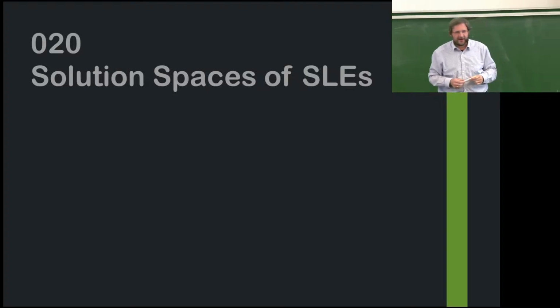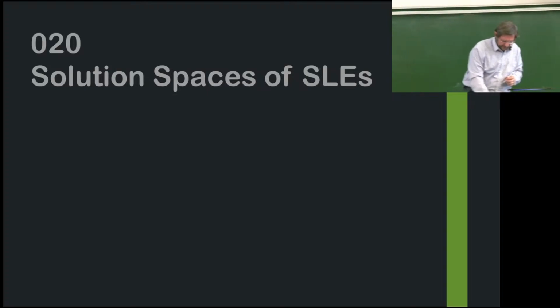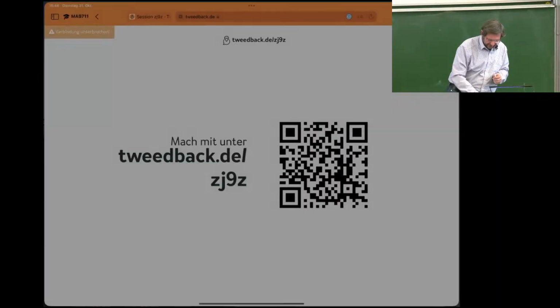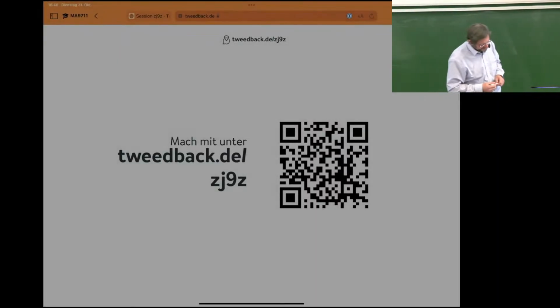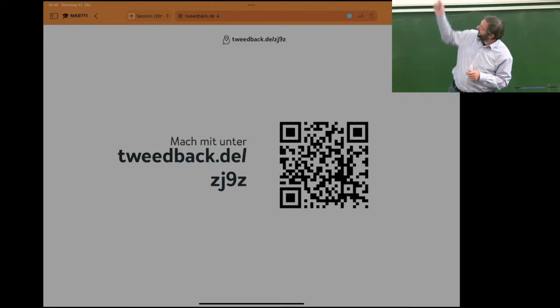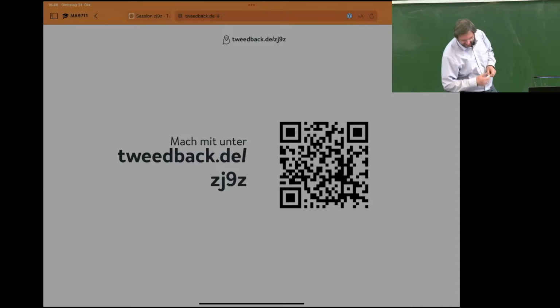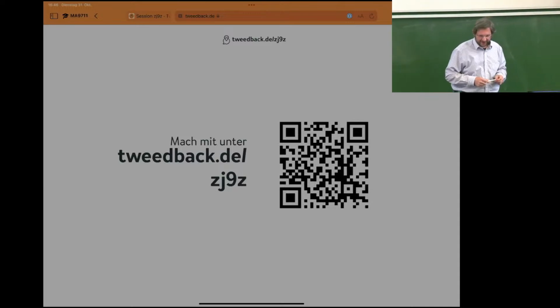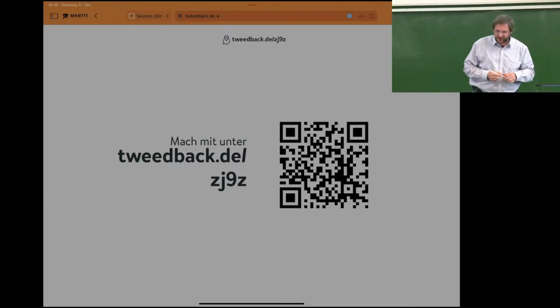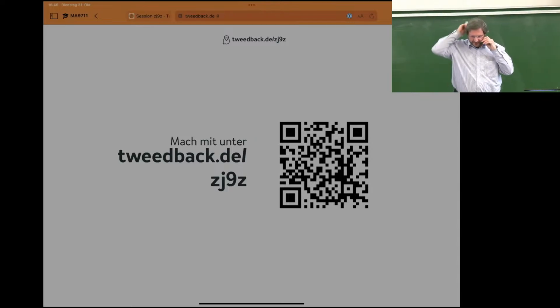Now, to start you off, I have prepared a quick quiz. As usual, you're welcome to log into TweetBack and answer this little question here. Is it true or false that the intersection of any two linear subspaces of R^n always contains the origin?